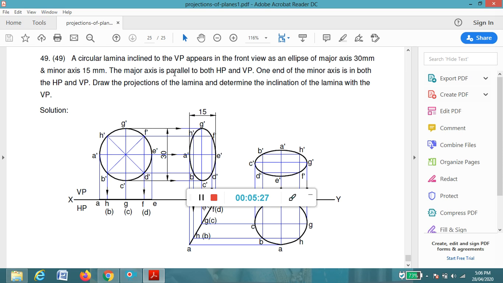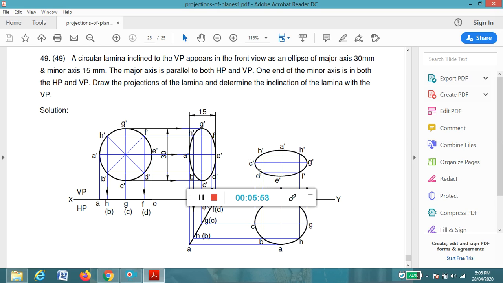The major axis being parallel to both HP and VP means we have to tilt this ellipse in the third position like this. C dash G dash is horizontal to the XY line, so this whole ellipse is parallel to both VP and HP. This is the condition asked in the problem.